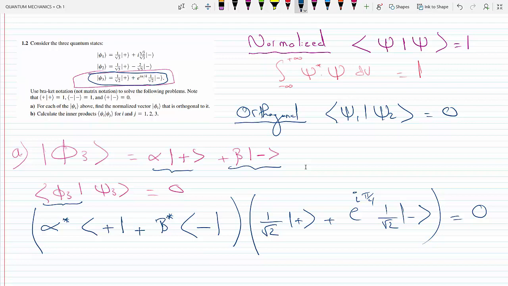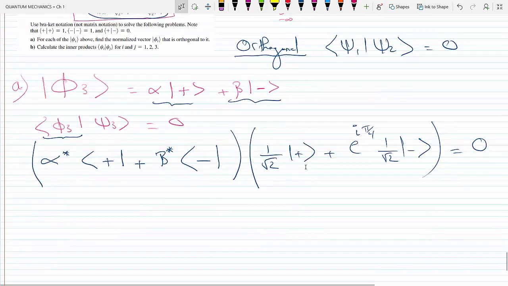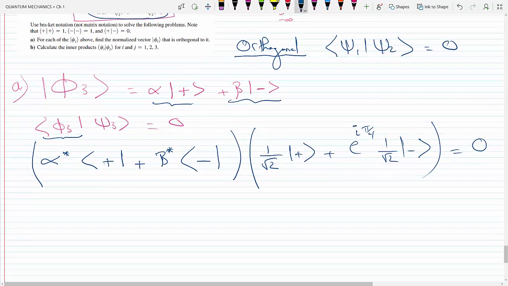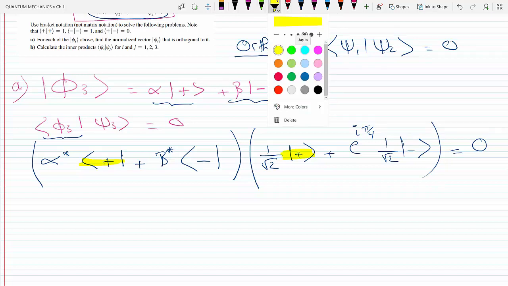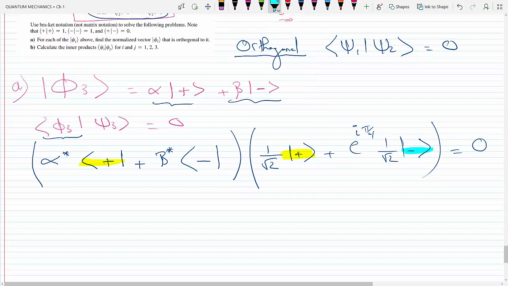Right? Now, remember how we multiply these. We already said this, when it foils on this, you get 1. Okay? But when it foils on this, you get 0.